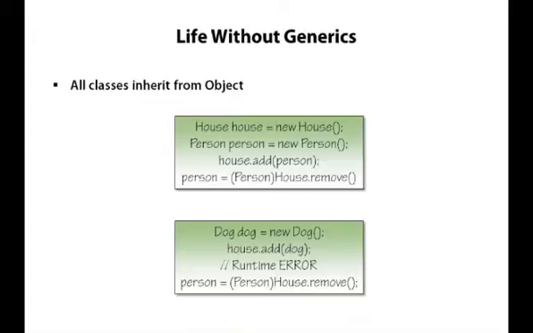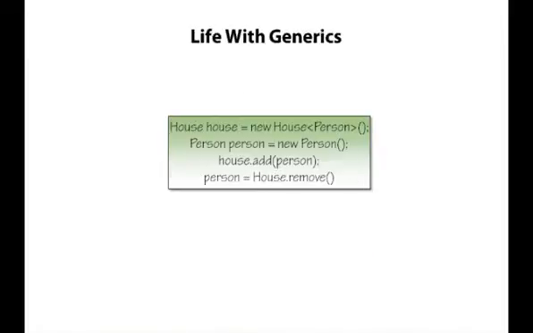The compiler is not going to complain about this because, remember, in this add method we're using Object, and we're doing that to make this somewhat generic without using generics. What's going to happen is we're going to get a runtime error when we try to remove that dog from the house because we're going to try to cast it to Person. It's going to give us a ClassCastException at runtime, which means when our program is running, that's the only time it's going to figure out there's something wrong.